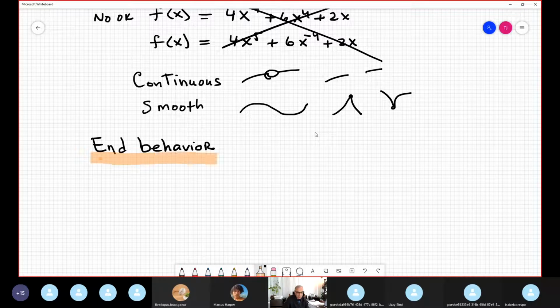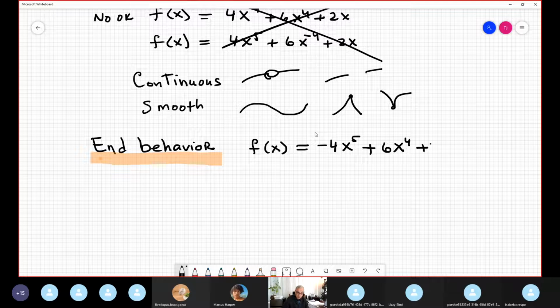Okay, let's come back again to this. F of x is equal to minus 4x to the 5th power plus 6x to the 4th power plus 2x. Suppose this is a polynomial, because the exponents are 5, 4, and 1.